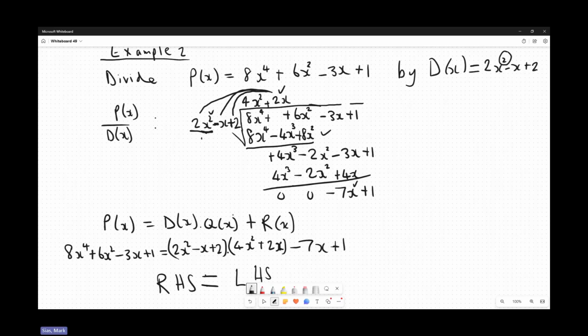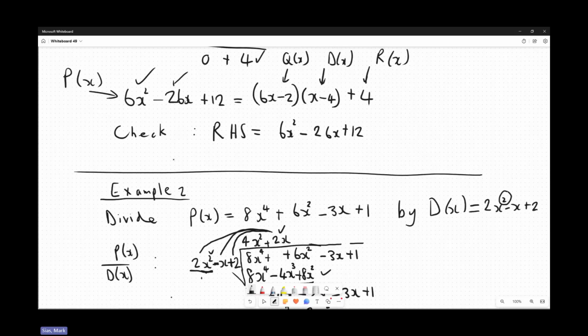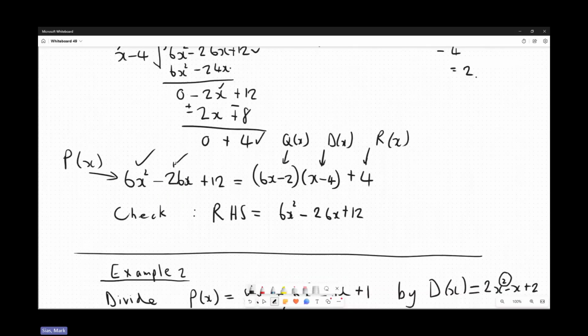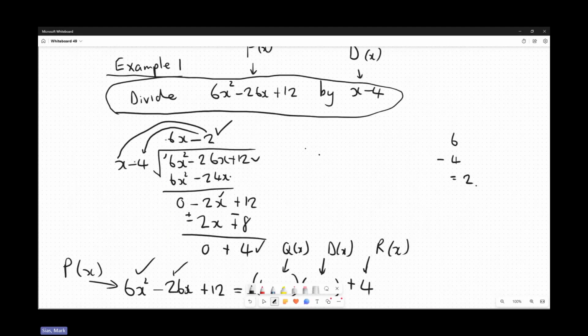So she said, we must go to example 1. Why? Because look at example 1. We divided it by x minus 4. So now I want us to use example 1 and see if the theorem is still applicable for us.